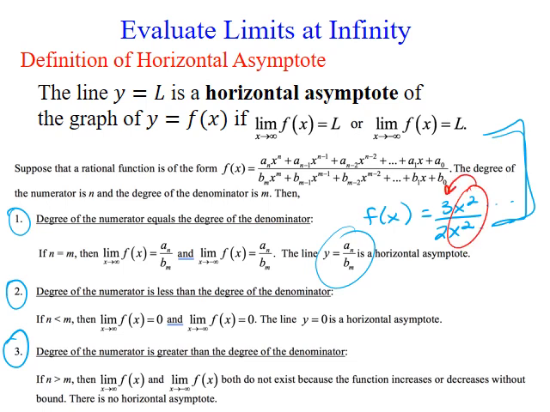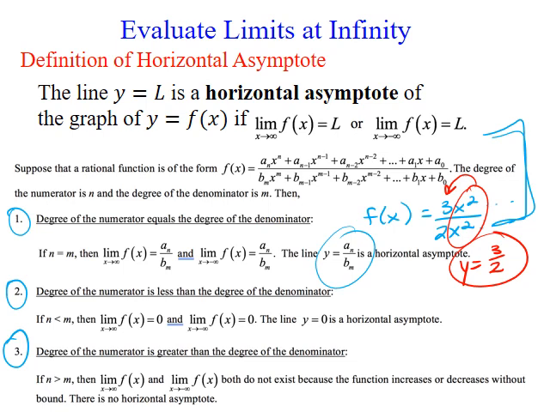If these are the same, then the asymptote is y equals 3/2. And the reason it's nice to find the asymptote is because if there is a horizontal asymptote, then chances are the limit at infinity is the same thing.